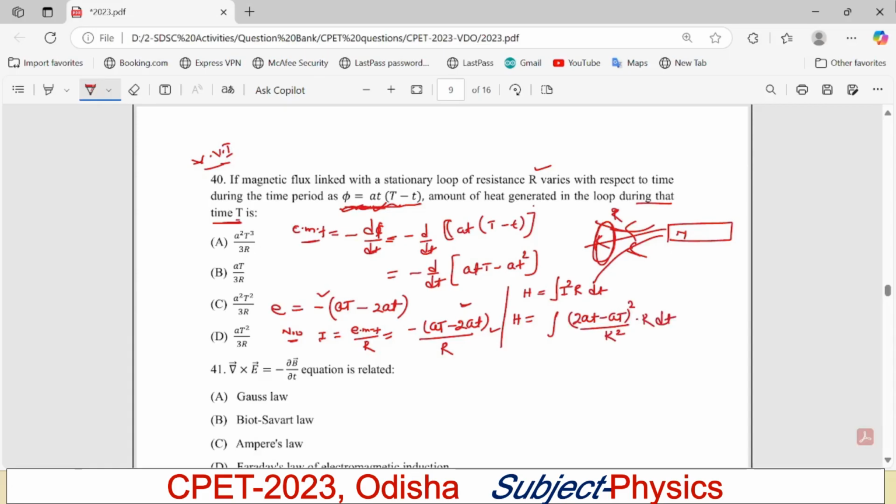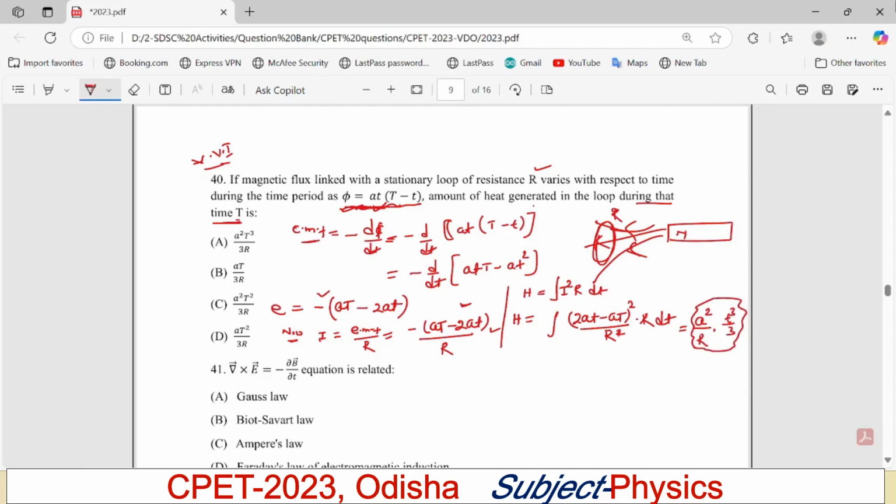You just integrate this one. Finally you get the answer. Here one R gets cancelled, then integrate with respect to t. Finally you get a square by R into T cube by 3. I'm not integrating over here, you just integrate in your rough.